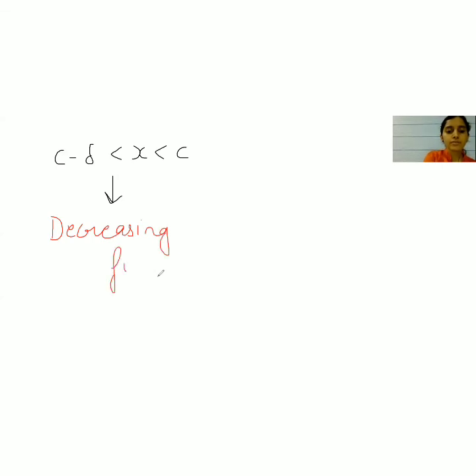And then what can we say about the right side? So how do we express the right side? It will be c less than x less than c plus delta. So in this interval of c minus delta to c plus delta, half part of it should be a decreasing function and the remaining half should become an increasing function.